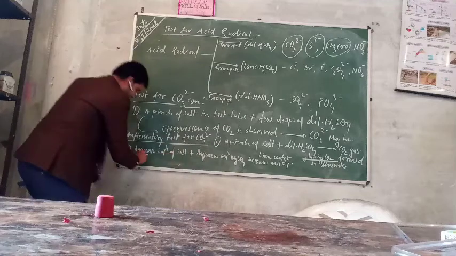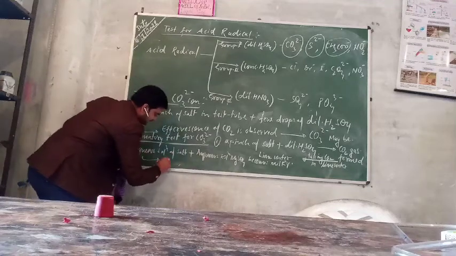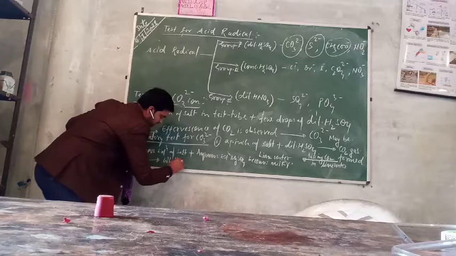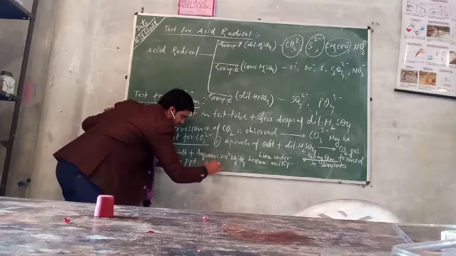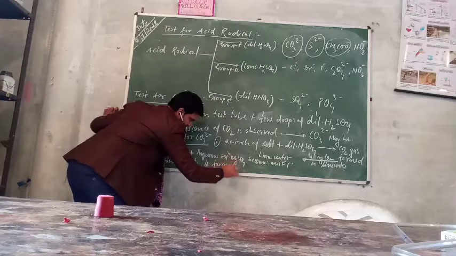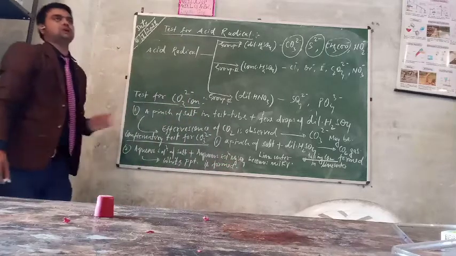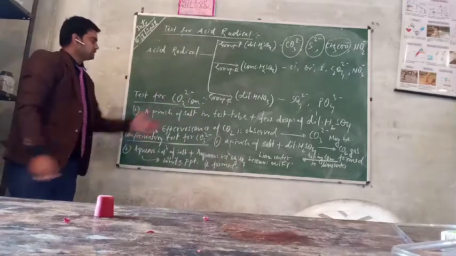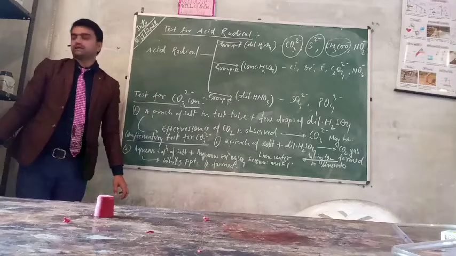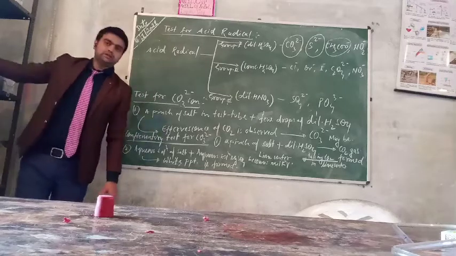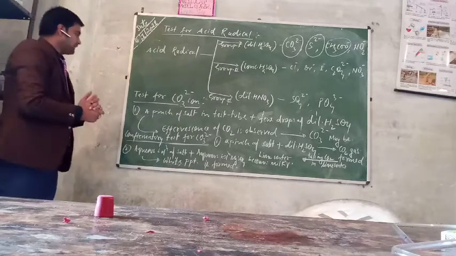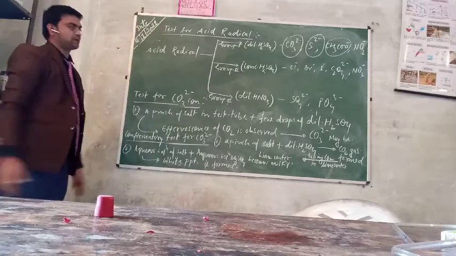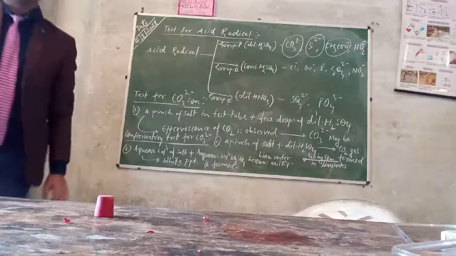You will get a white precipitate. It will confirm that the carbonate ion is present in the given salt. Clear? So in this way we can make the test for the carbonate ion and its confirmatory test.